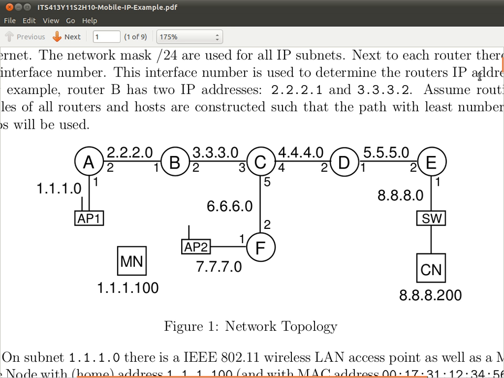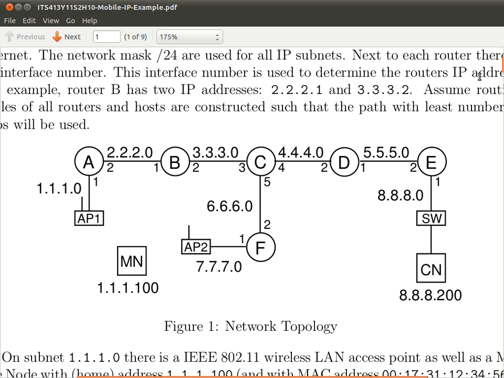Source address. No. 1111. No. The source is the home agent. Correspondent node has sent destination mobile node.